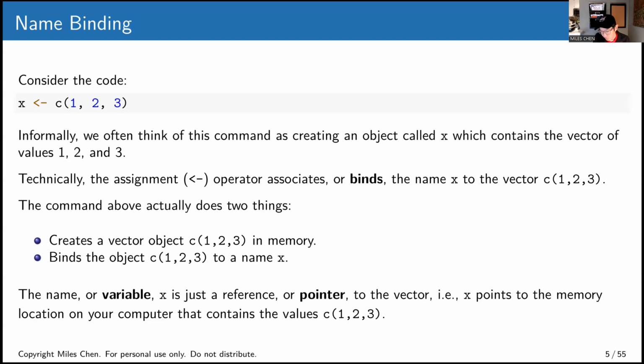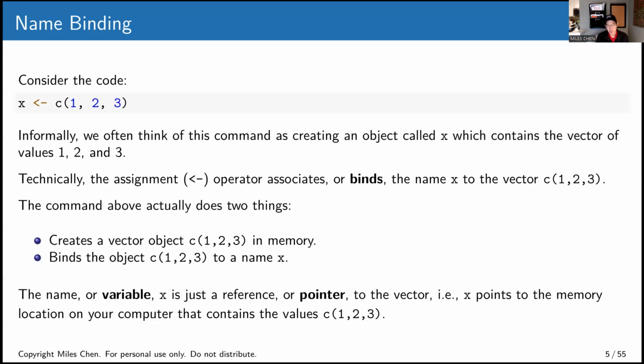What's technically going on is that the assignment operator, that's the little arrow, and I guess the equal sign also does this, will bind the name X to the vector 1, 2, 3.